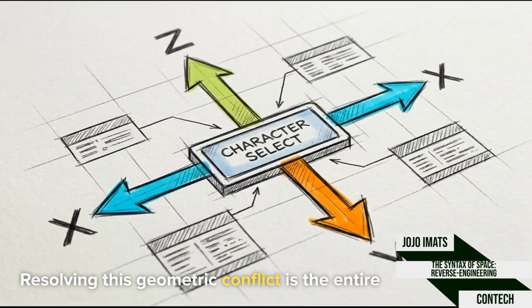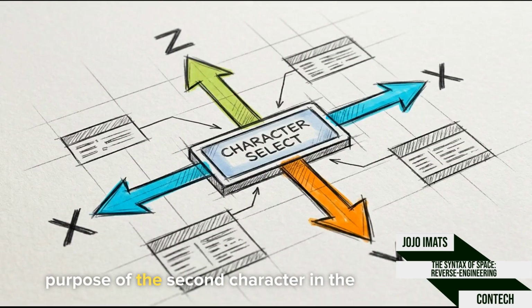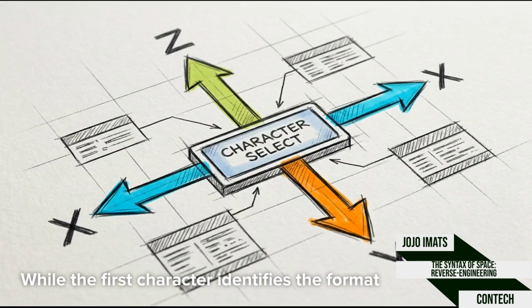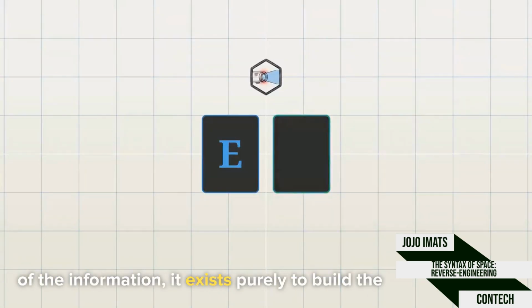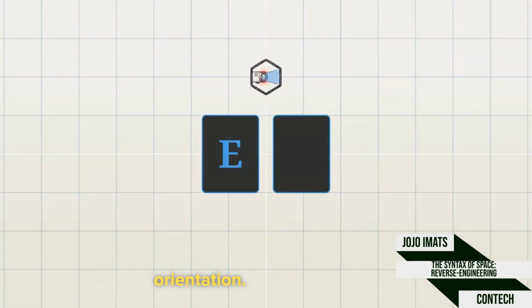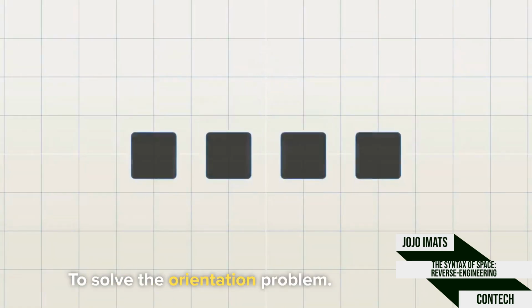Resolving this geometric conflict is the entire purpose of the second character in the presentation field. It functions as the model's spatial traffic controller. While the first character identifies the format of the information, it exists purely to build the framework necessary to assign a spatial orientation.